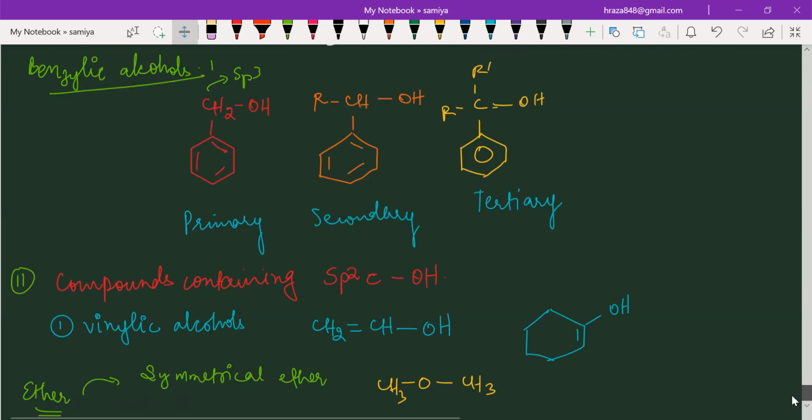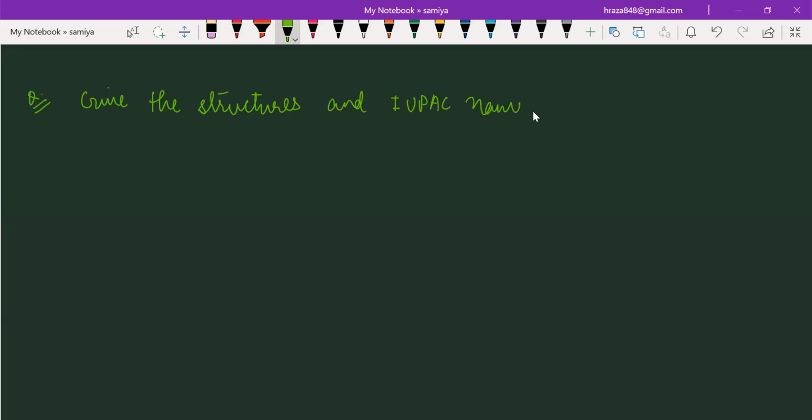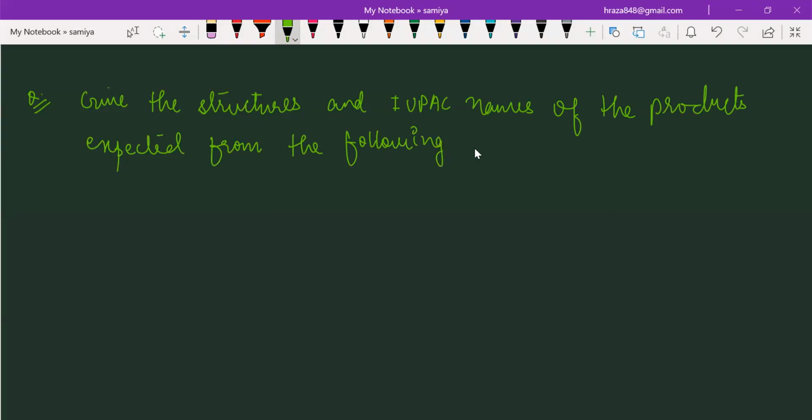Now see the next question. I'm going to give you a question. Give the structures and IUPAC names of the products expected from the following reactions.